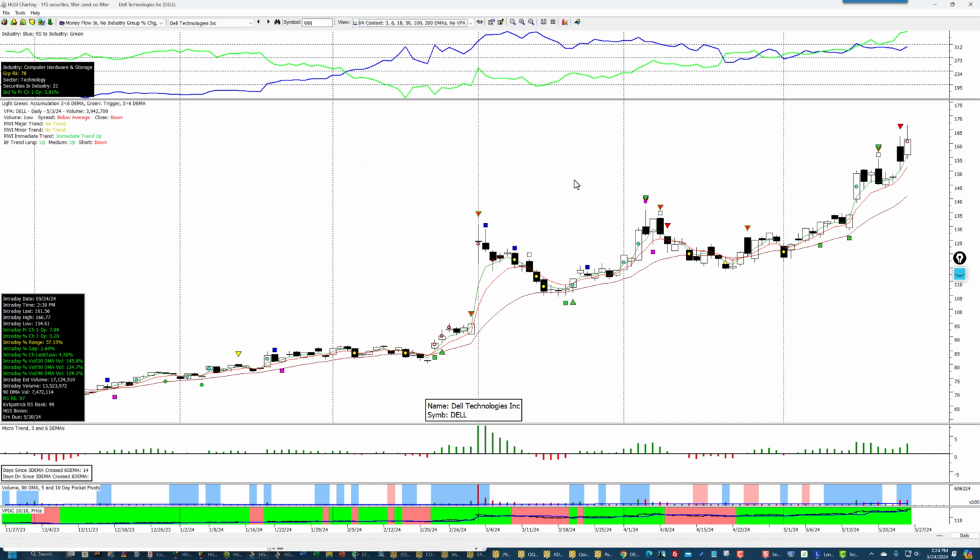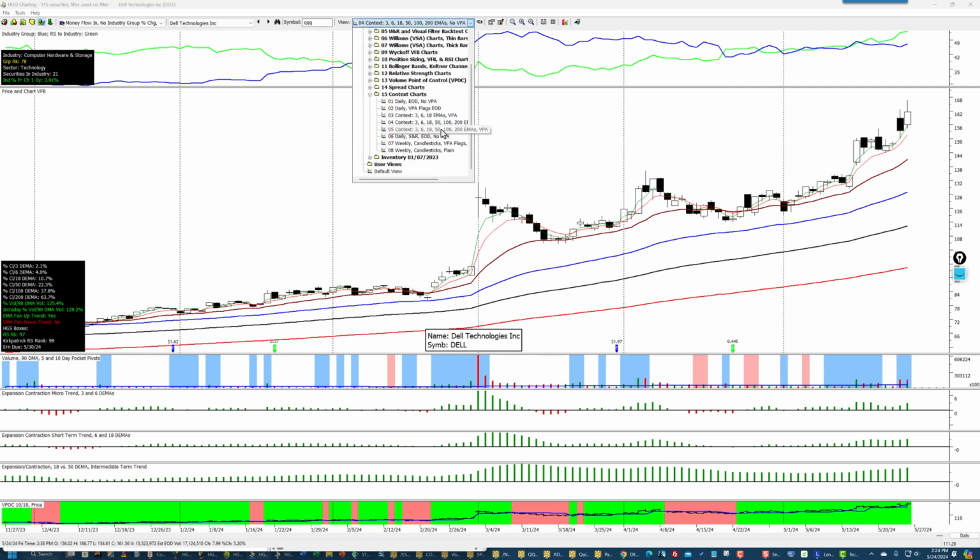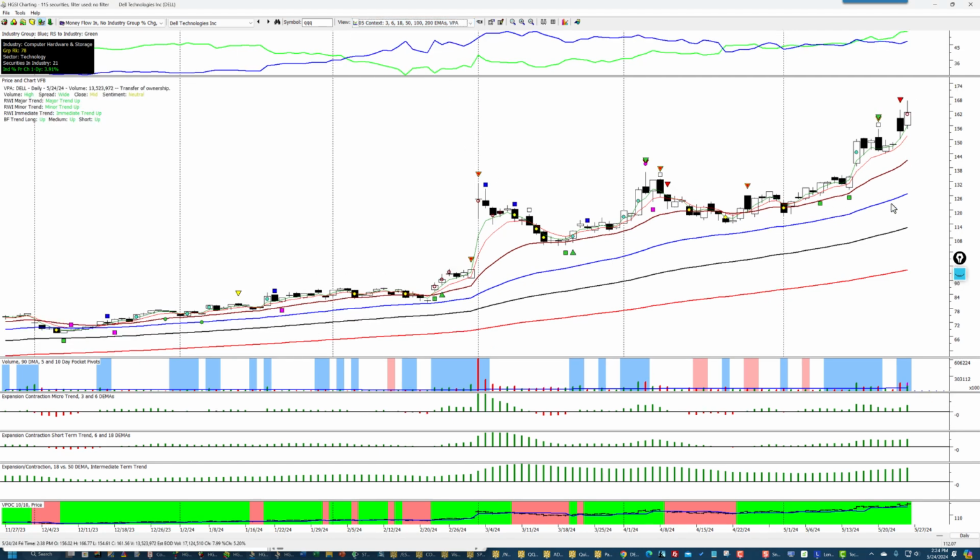Going down to the next context, here the fan is intact, strong uptrend, 3 above the 6. Look at all these volume pocket pivots in here. So I like to look at all these. This one doesn't have the VPA on it, but this one does. And you can see where the VPA flags are relative to the moving averages.